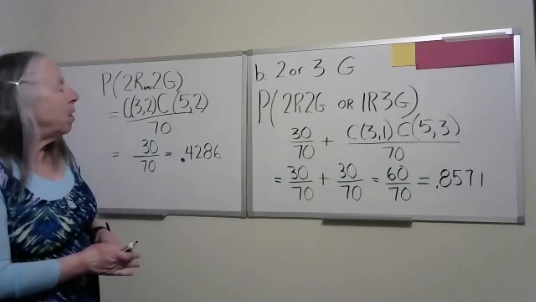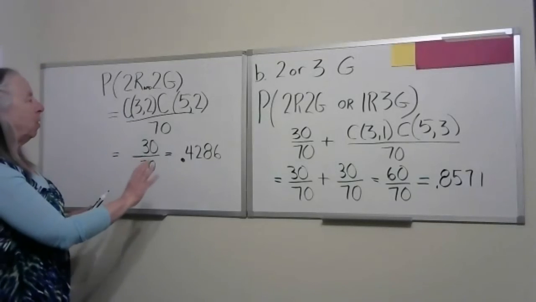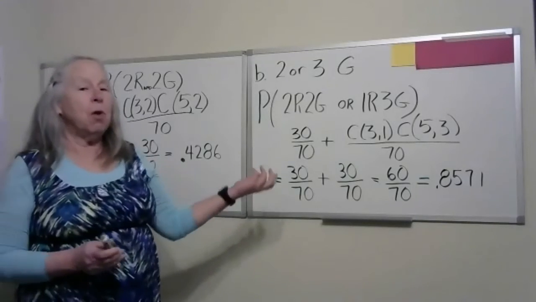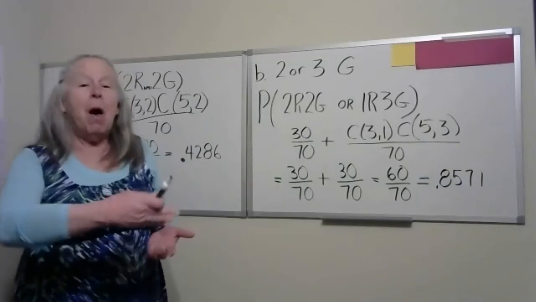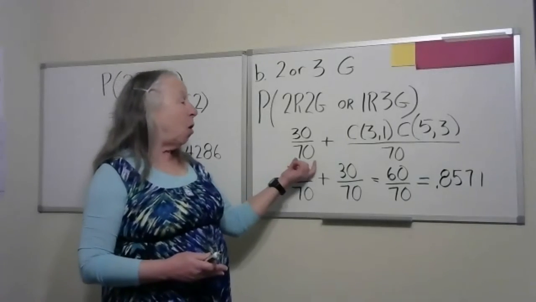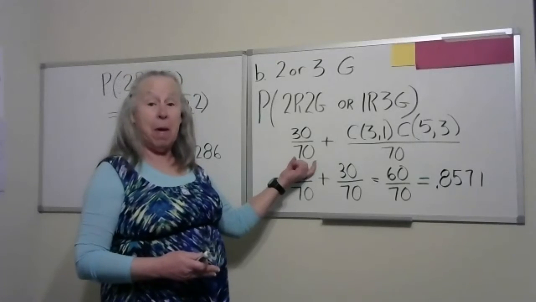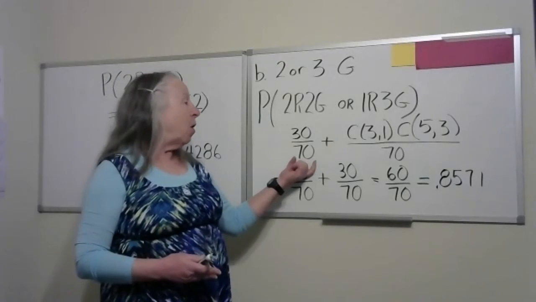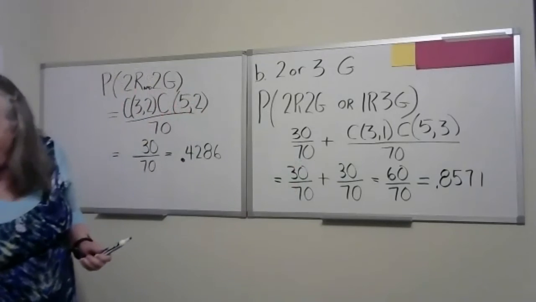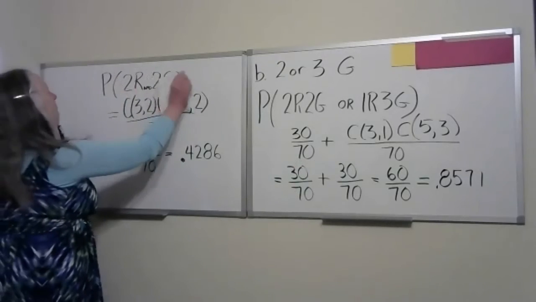So one of the things you should be thinking about when you're doing these is if you're not sure you're doing them correctly, add up all the possibilities and see if you come up with the total number in your sample space. So for example, let's just go that route here.